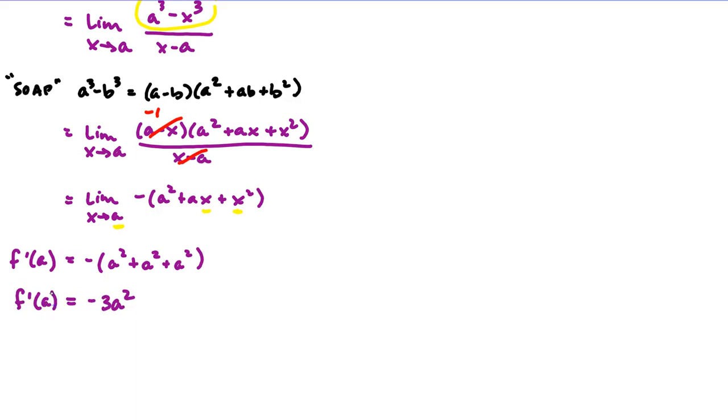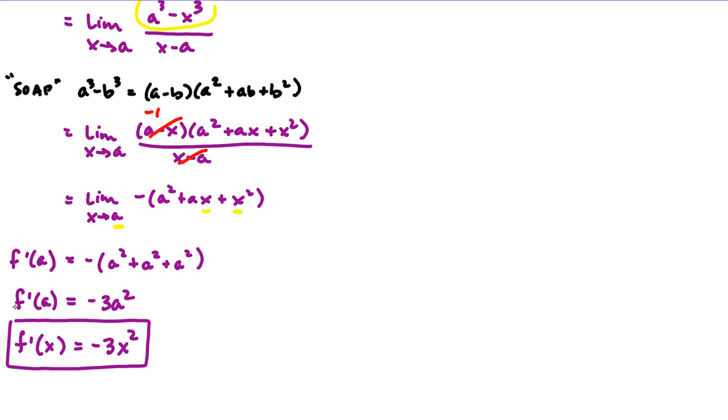But remember, we were asked to find f prime of x. So let's just remove the a and put an x in its place. F prime of x is -3x squared. That represents the derivative in general.